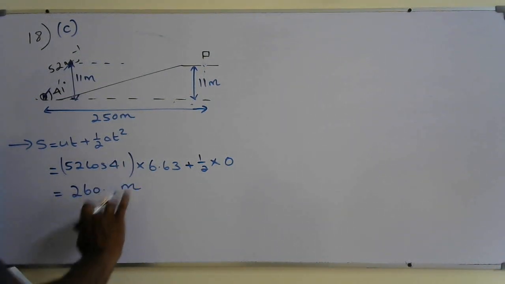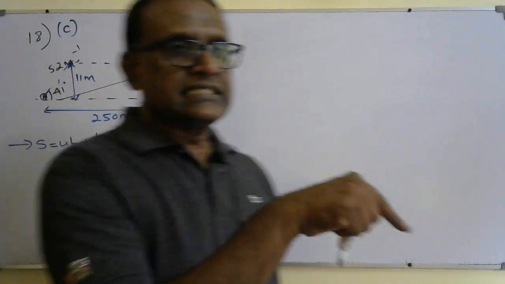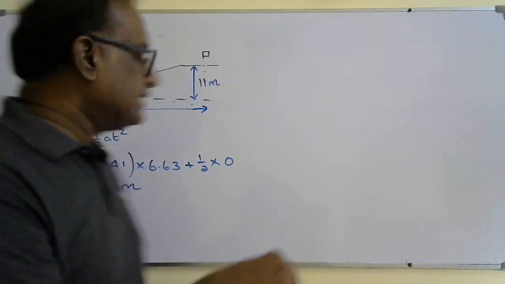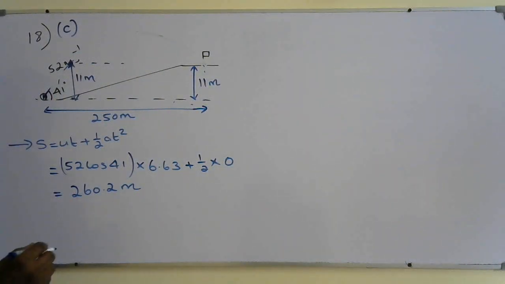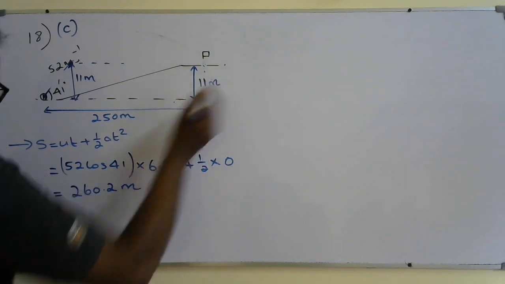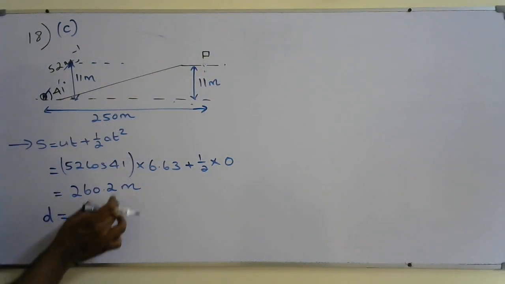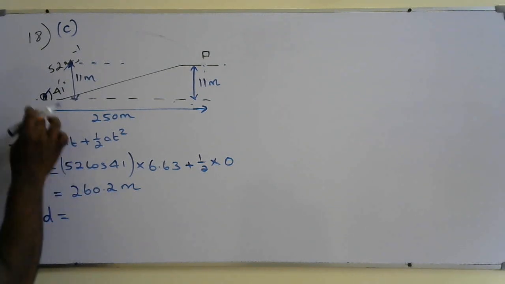260.2 meters. So the distance from the point where it hits the ground and the hole, if I say D, the distance between the point where it hits the ground and the hole: the hole is 250 meter from the initial point, it's landing at 260 meter from the initial point.